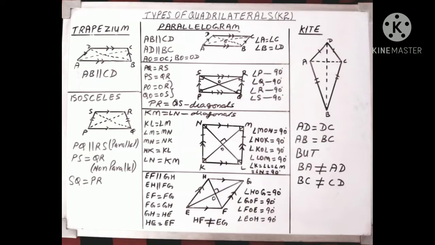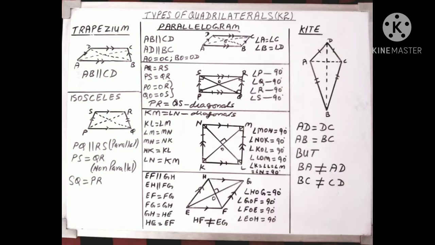Now the strange thing we will find over here is that AD is equal to DC, and AB is equal to BC, but BA is not equal to AD and BC is not equal to CD, right? So we can say that AD is not equal to BC and CD is not equal to AB also.